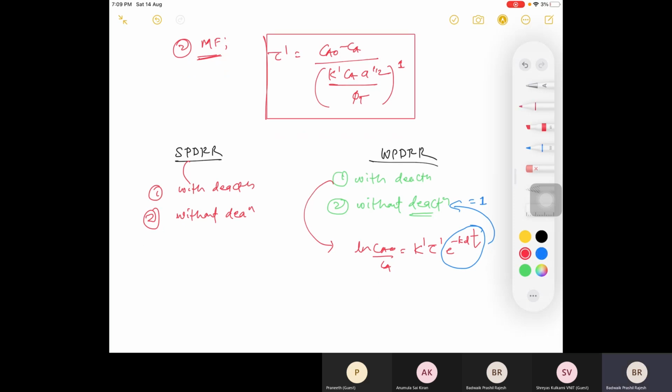Similar to this, suppose I am writing for with deactivation, so my equation is, with deactivation, ln of CA naught divided by CA. If you arrange the equation, you will get K dash tau dash A to the power half divided by phi t.